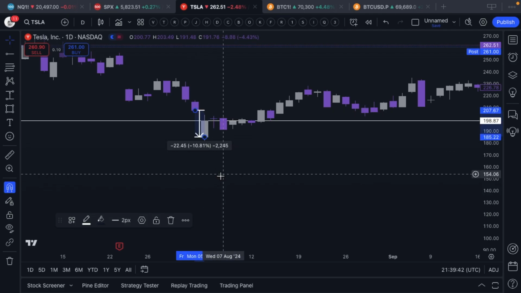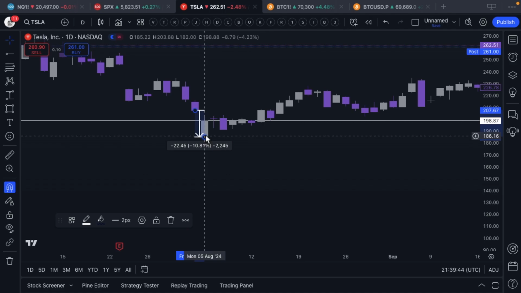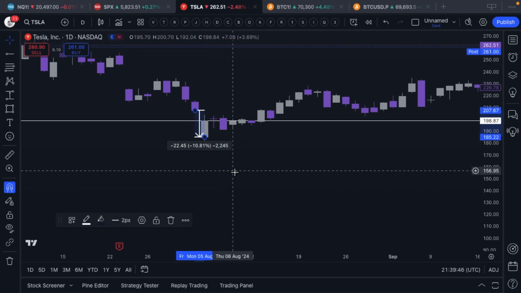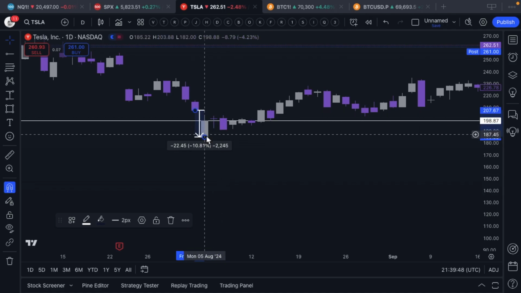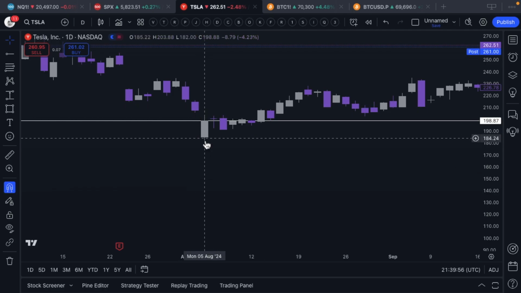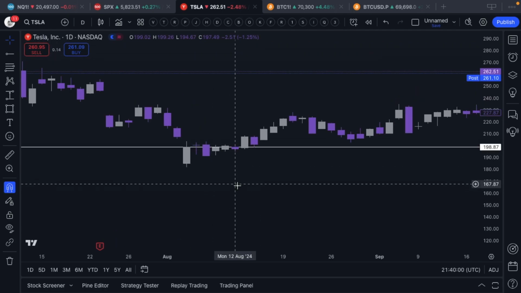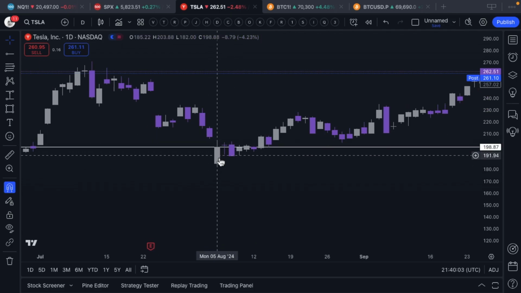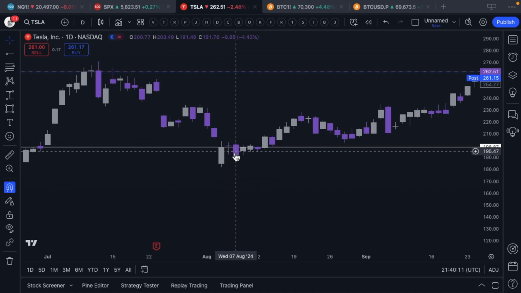That's a 10%, $22.45 drop. So that's from a Friday to a Monday morning. And people get FOMO'd in with this stuff. This is what will get you to FOMO. So you don't want to be excited when you're trading. You want to be really chilled out. So when you see a move like this, it's not something for you to chase, right? Wait for it to show you what's going to happen.